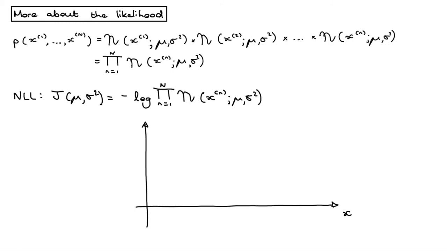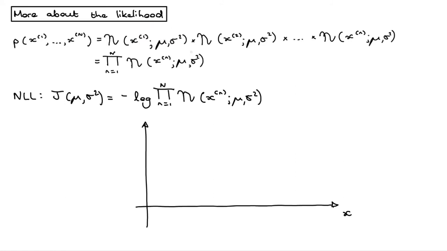For the univariate Gaussian case, that's the mu and the sigma squared.